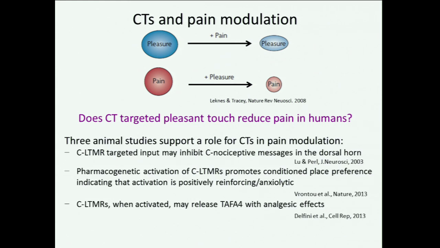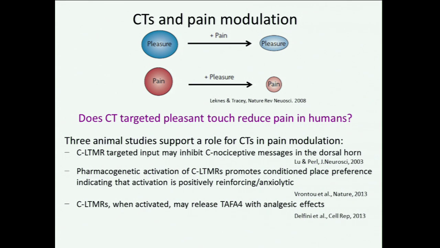And there are three animal studies that support a role for CT afferents in pain modulation. The first one was a paper by Pearl, 2003, where he claimed that CLTMR target input may inhibit nociceptive messages already at the dorsal horn level, in the superficial lamina of the dorsal horn.